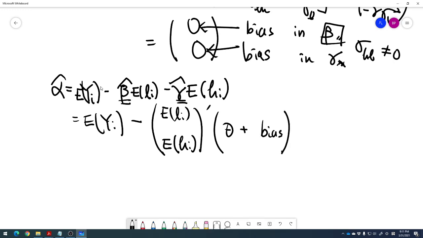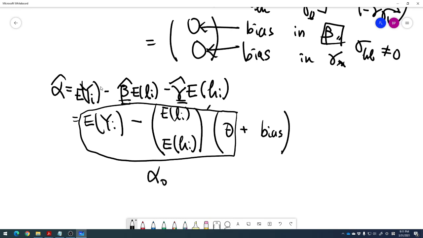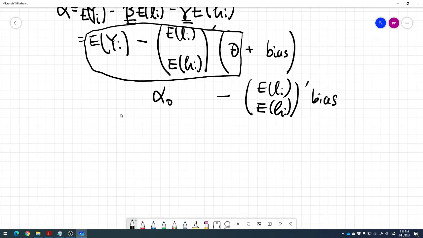This much will be the true alpha, and the bias is coming from a 2 by 1 prime and also a 2 by 1, so 1 by 2 times 2 by 1. It will be a scalar. This is how you calculate the bias in alpha, and this is the best way of a complete answer.